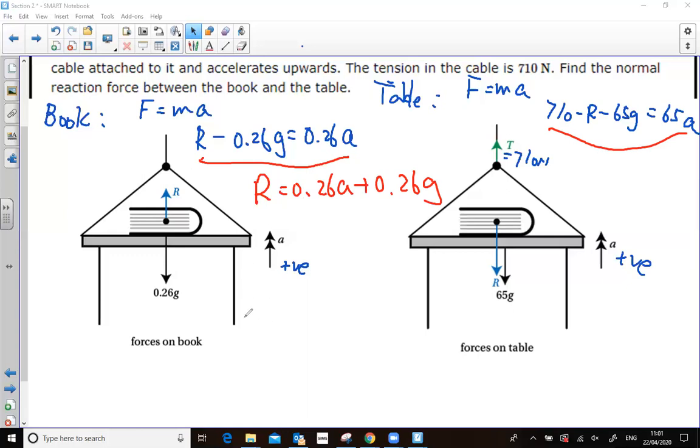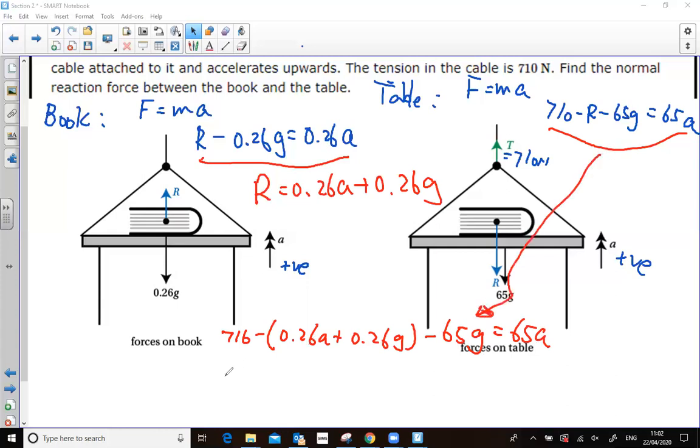So let's do that. So now we have 710 minus bracket 0.26A plus 0.26G close bracket minus 65G equals 65A. So this is from the second equation here.